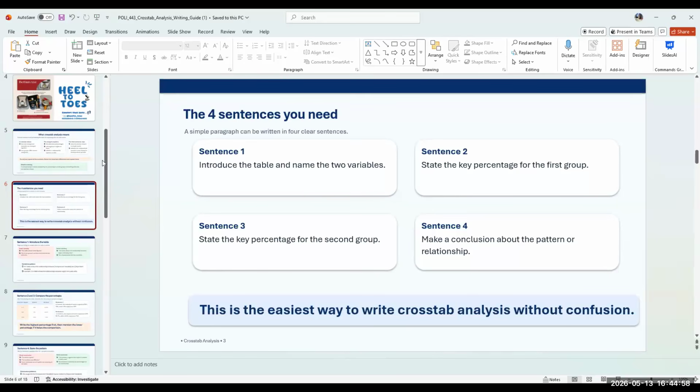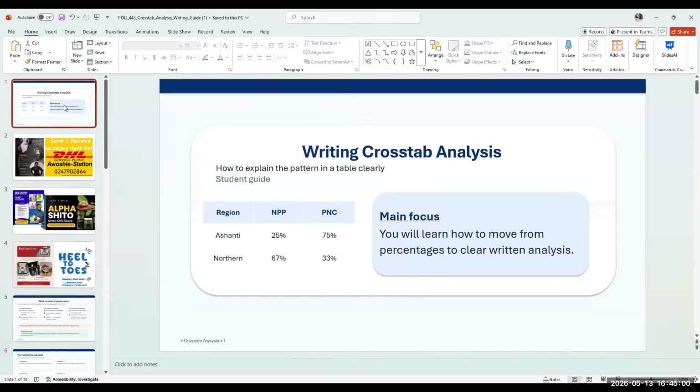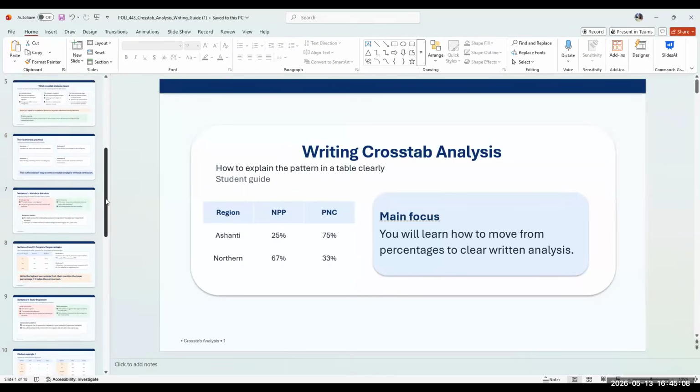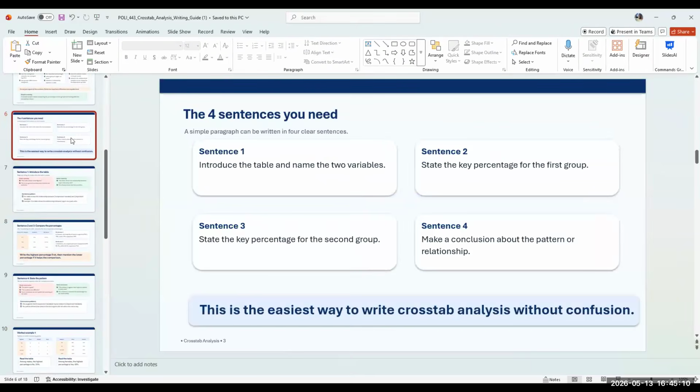So if the first group is the NPP and the key percentage is PNC, 75%, mention that. Start with the key percentage for the first group. So in the northern region, the key percentage for PNC was 75. Start with that.